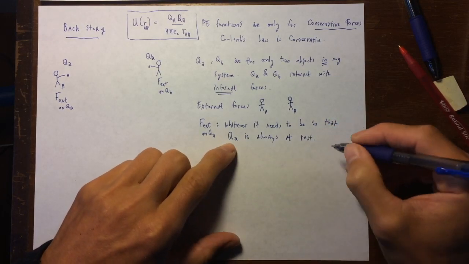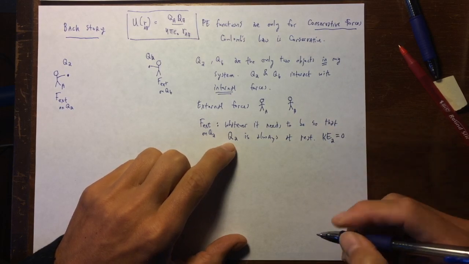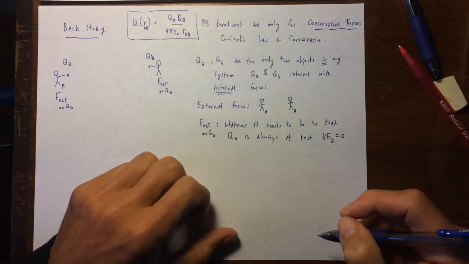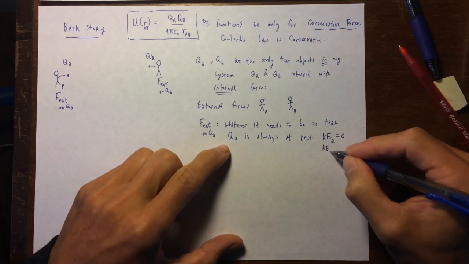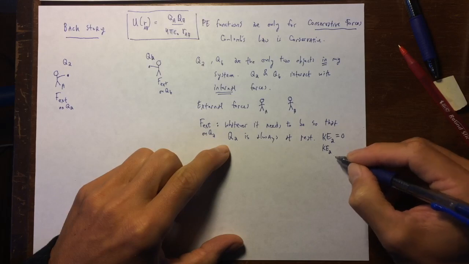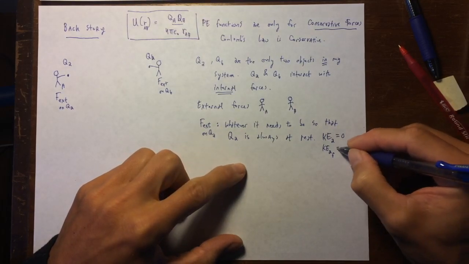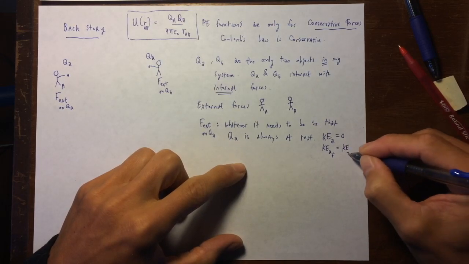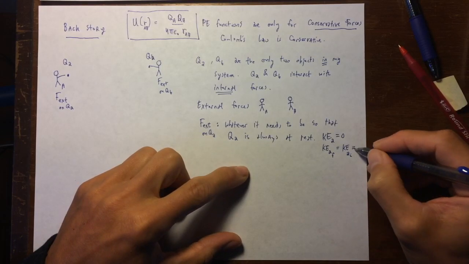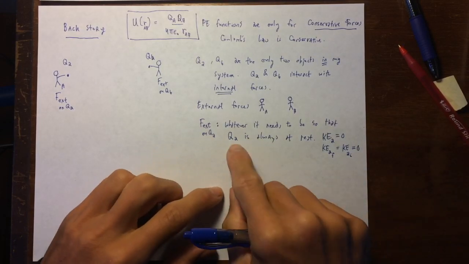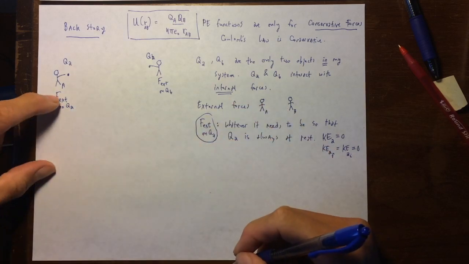If QA is always at rest, then we can say that the kinetic energy of A is always zero, it doesn't change, right? If it doesn't change, then the kinetic energy of A in the final case is equal to the kinetic energy of A in the initial case, and both of those are just zero. So that's the job of the external force on charge A.